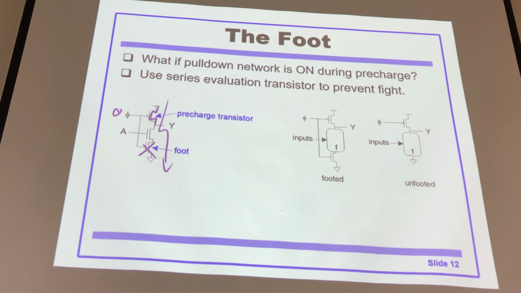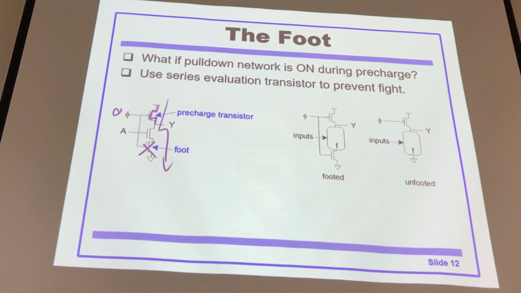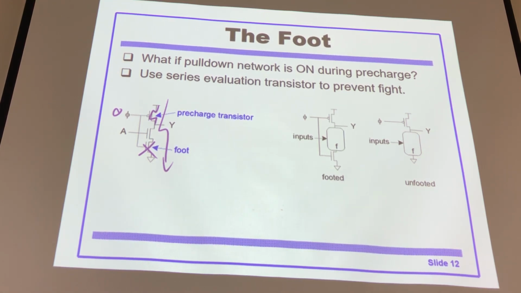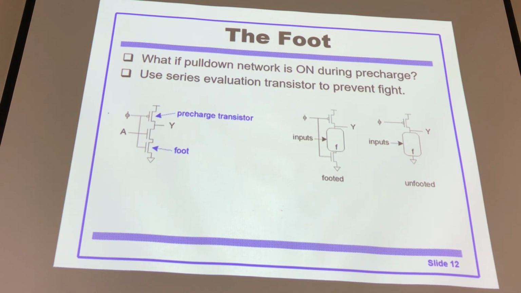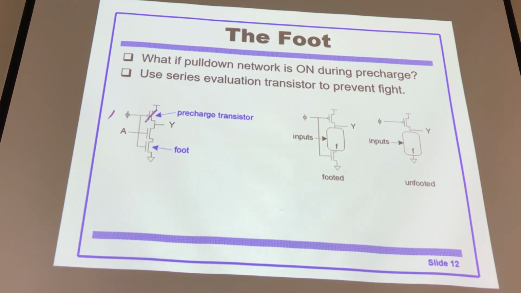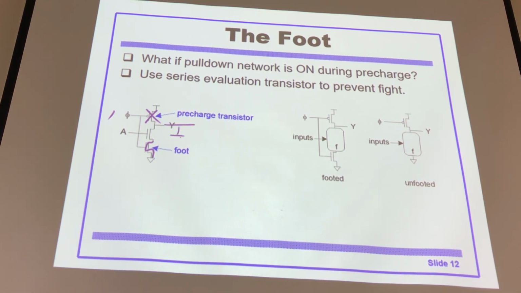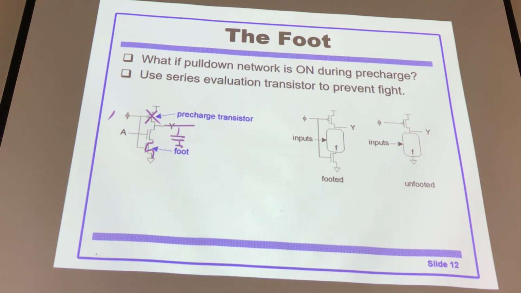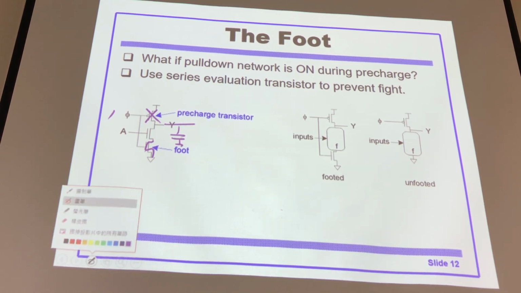Okay? And during the evaluate phase, the clock signal will be 1, and now it's on. So the pull-down network can still discharge it.